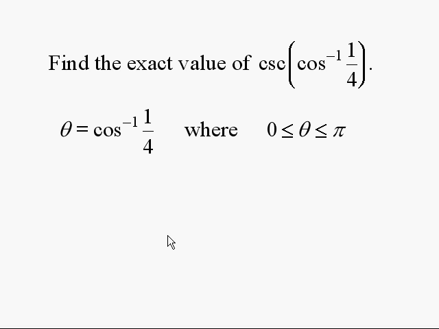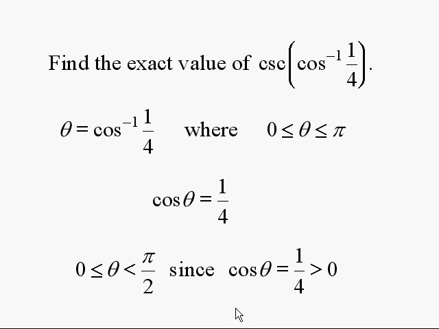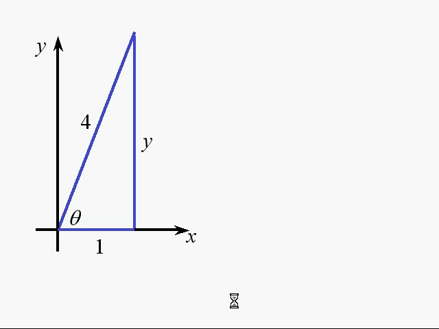Cosine inverse of 1/4 ought to have adjacent over hypotenuse 1 to 4. So let's draw in a triangle that does that. Adjacent 1, hypotenuse 4. Put it in quadrant 1 to make that ratio positive.